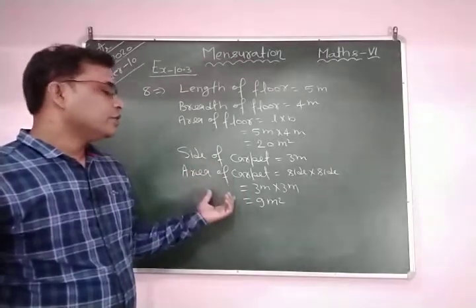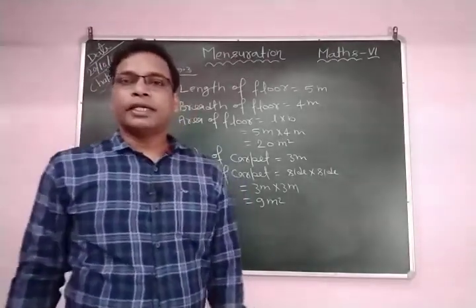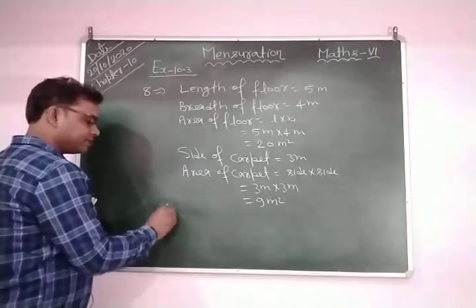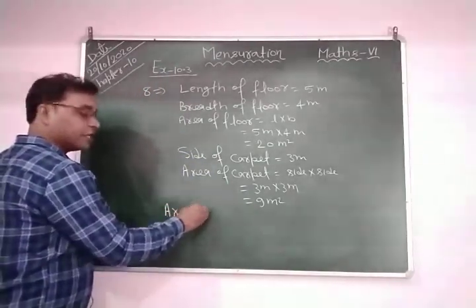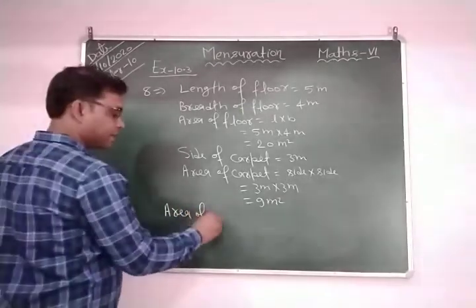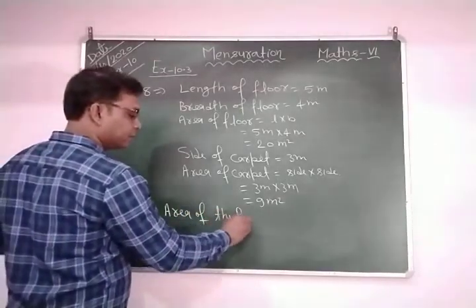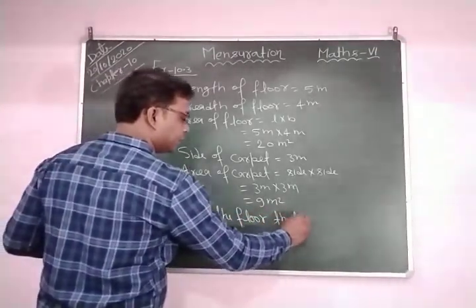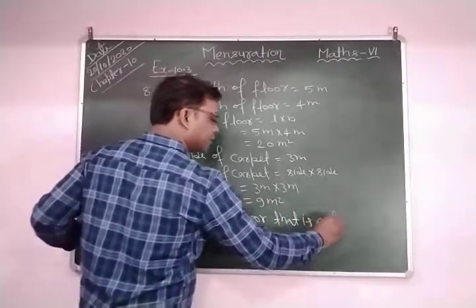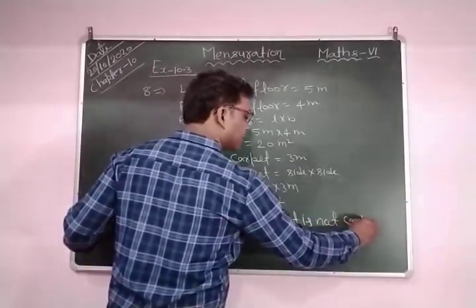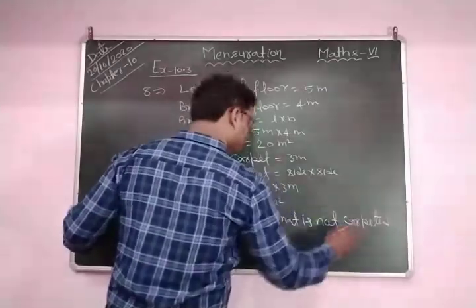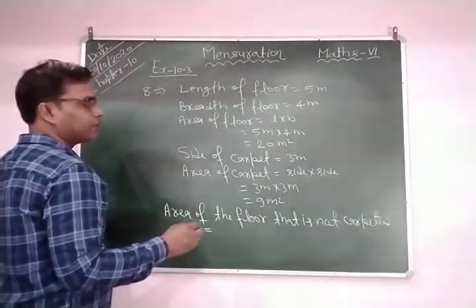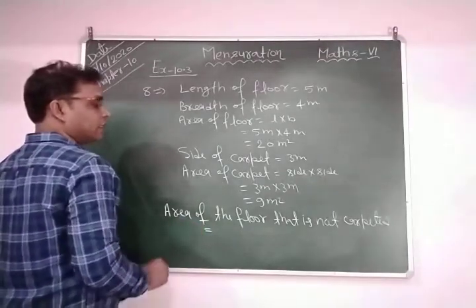So we need to find the area of the floor that is not carpeted. So we write area of the floor that is not carpeted, that is, area of the floor minus area of carpet.